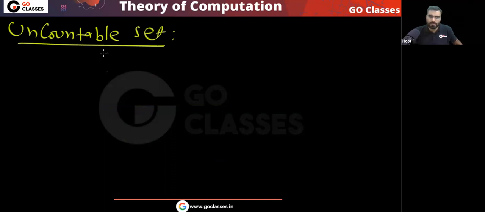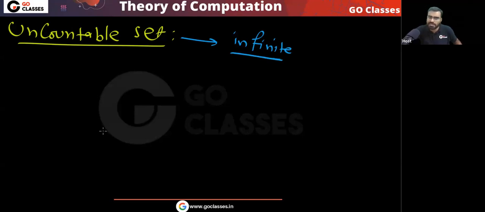So can I say an uncountable set will definitely be infinite? Yes, it will always be infinite, because you already know that every finite set is countable.